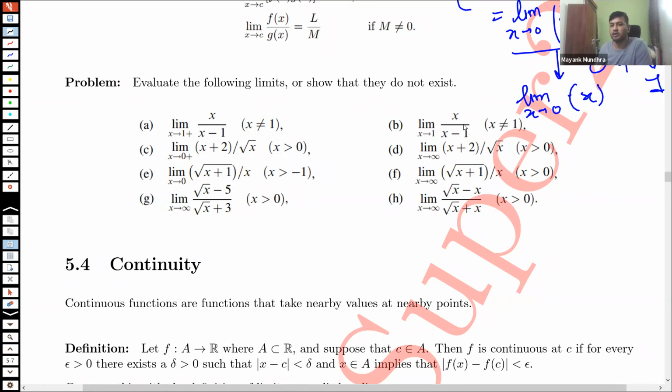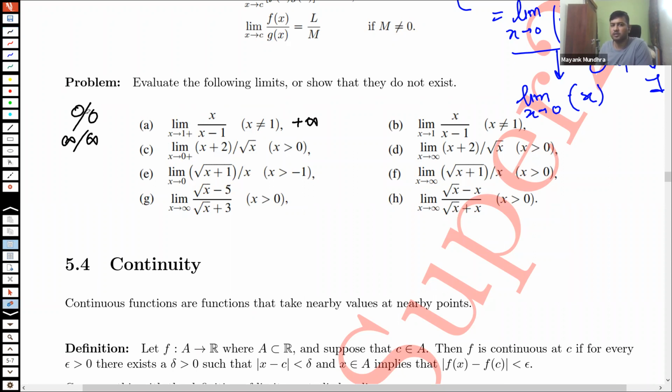Let's look at B part. Limit x tending to 1, x upon x minus 1. So I already know that the right hand limit is positive infinity. If I find out the left hand limit, I can find out the limit of this thing. Kanishka was asking about L'Hopital. L'Hopital is not even applicable here. L'Hopital we'll see later on. It's a shortcut method sometimes when you have this 0 by 0 format or infinity by infinity format.